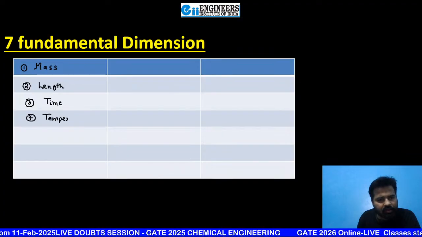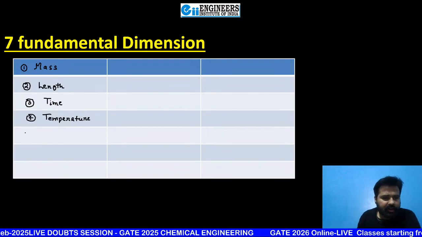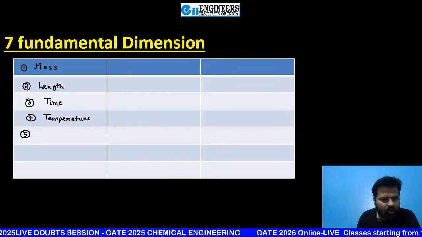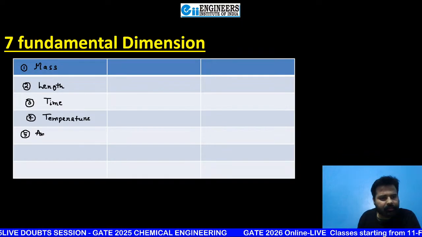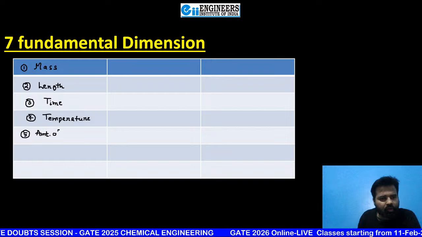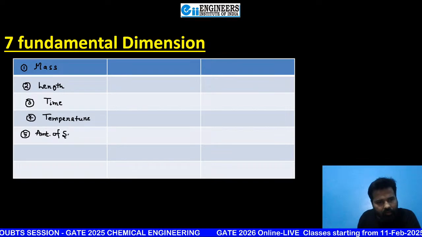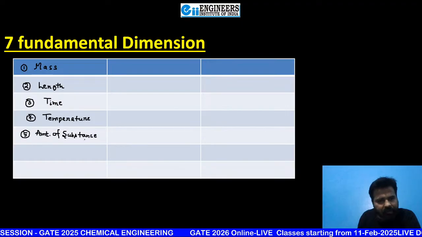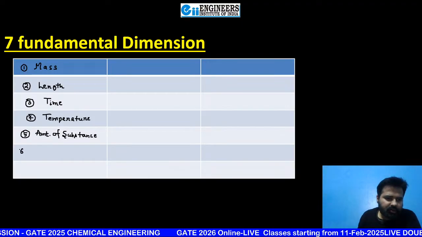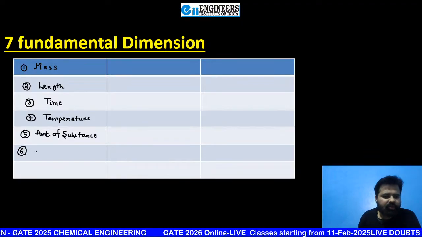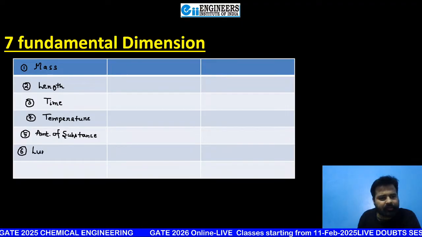The fifth one is amount of substance. And my dear students, the sixth one is luminous intensity.